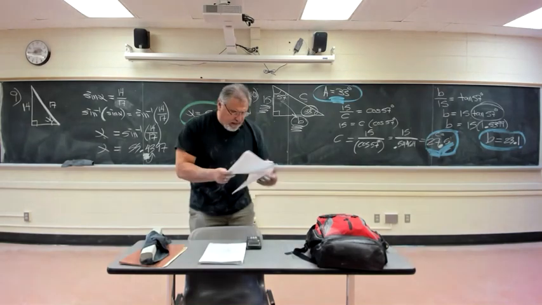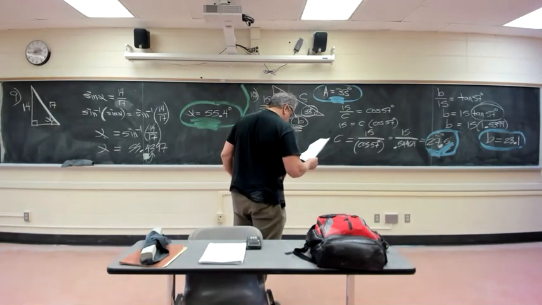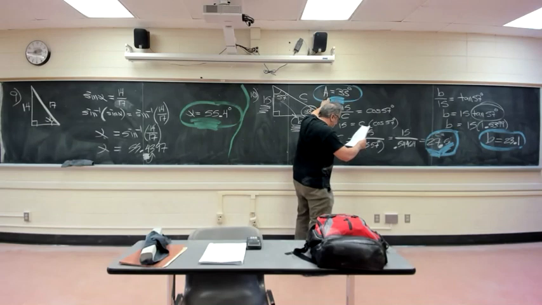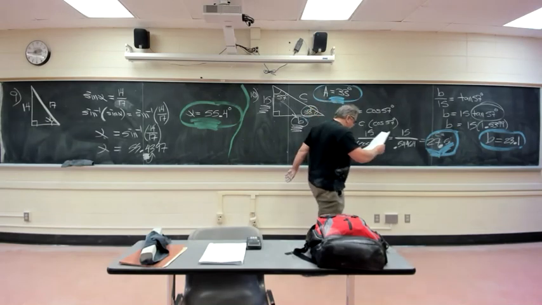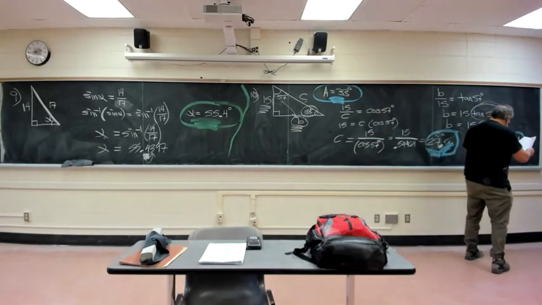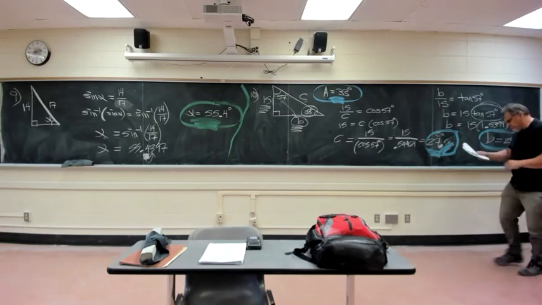Yeah, that's what we got. The angular measurement of capital A is 33 degrees. The measurement of small b is 23.1. The measurement of small c is 27.5.